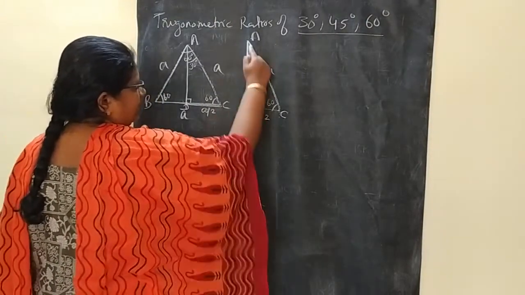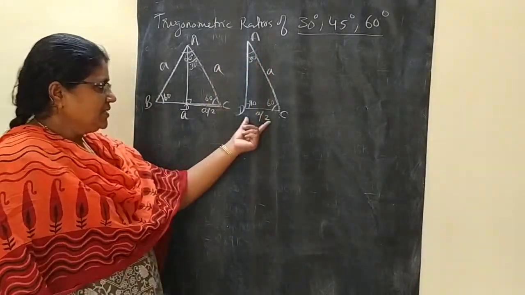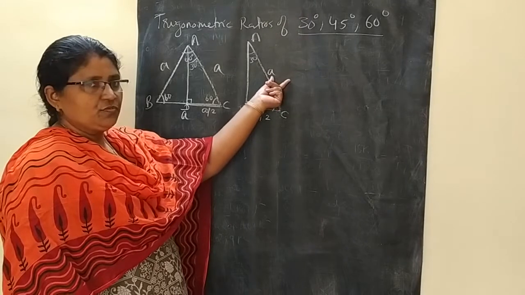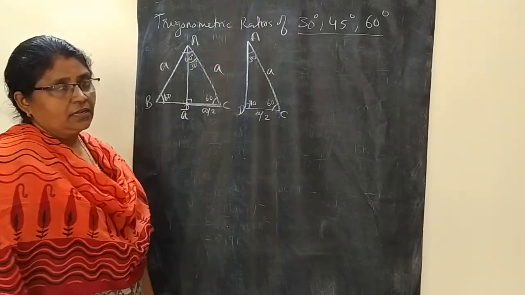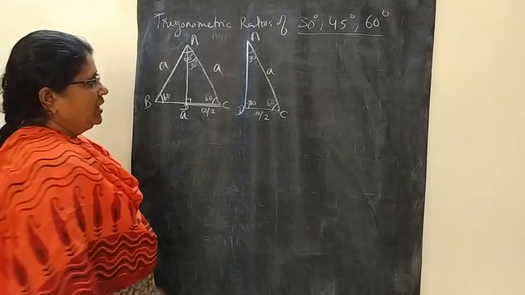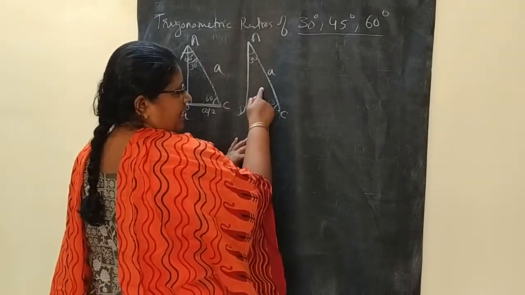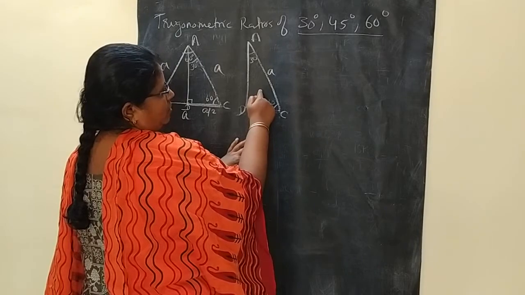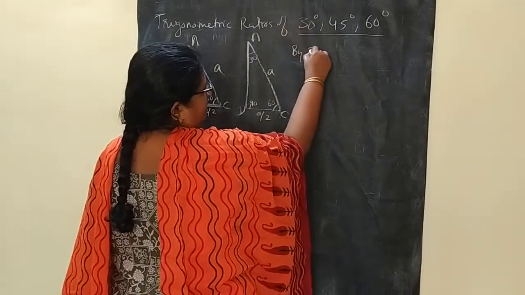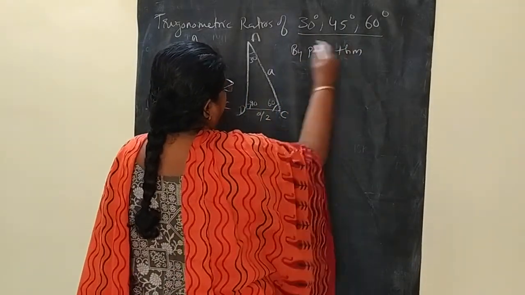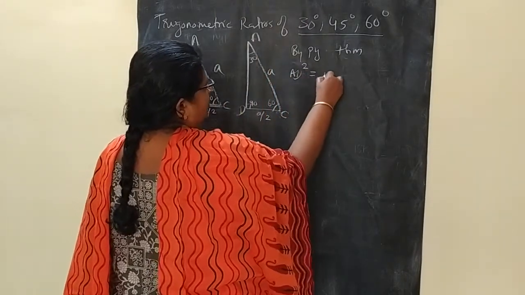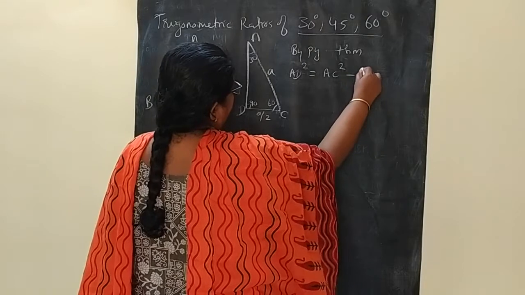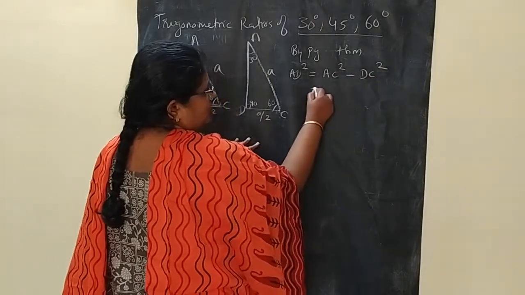Now in this right triangle, the base we know, the hypotenuse we know, so we can find this altitude by using Pythagoras theorem. Since it is a right triangle, by Pythagoras theorem, AD square is equal to AC square minus DC square.